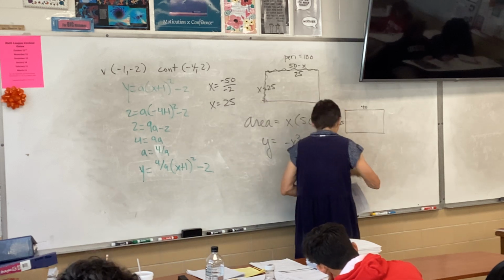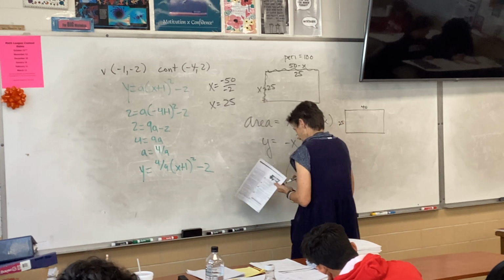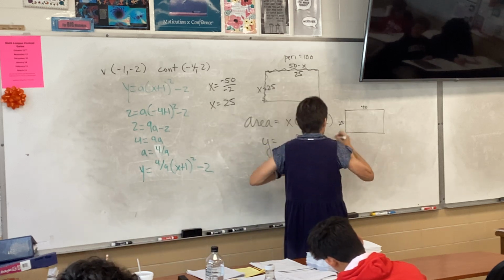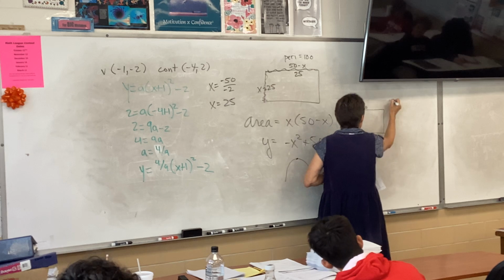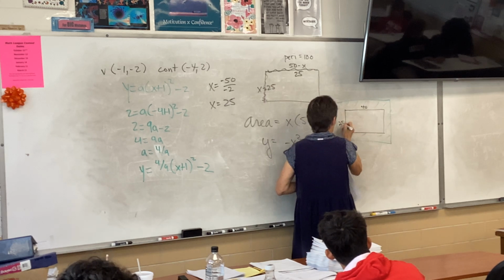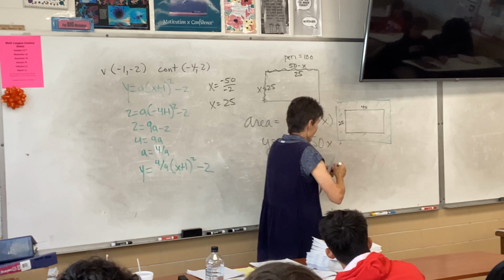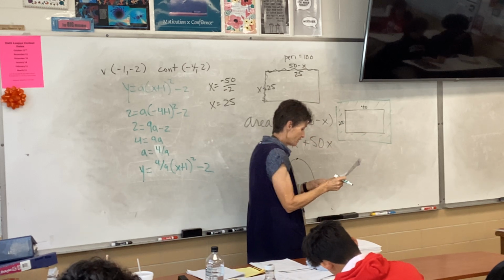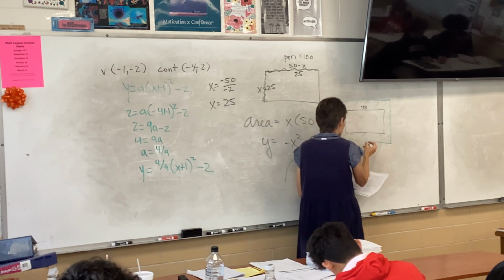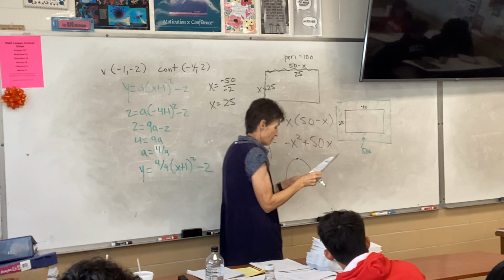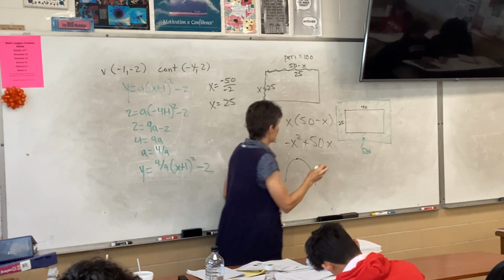So here is the patio, and the trees and shrubs are here. And the area of the green is 504. Find the width of the strip.